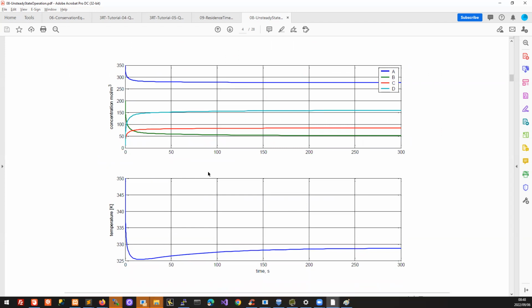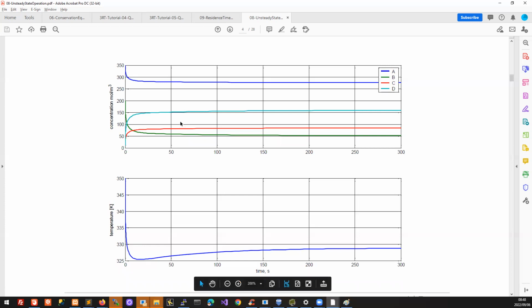So we reach a point where your temperature goes down. It's endothermic, so your temperature does drop, which lowers the reaction rate. And then also your reactant concentration, you can see B goes from 200 to 50. So the concentrations have gone down, so the reaction rate has diminished.